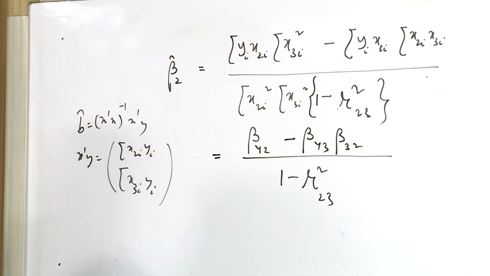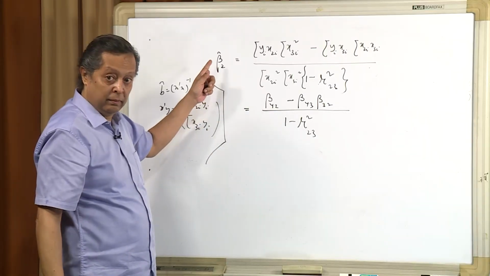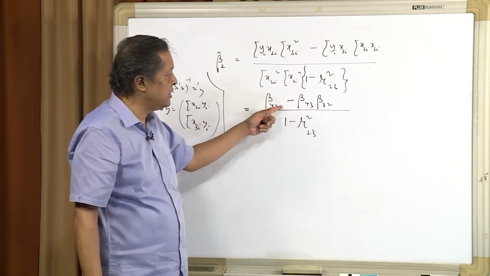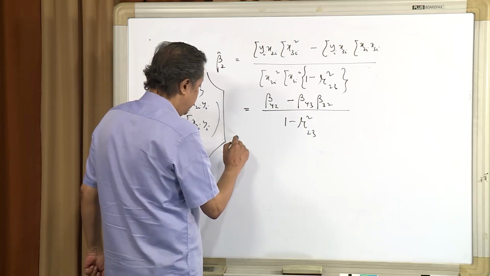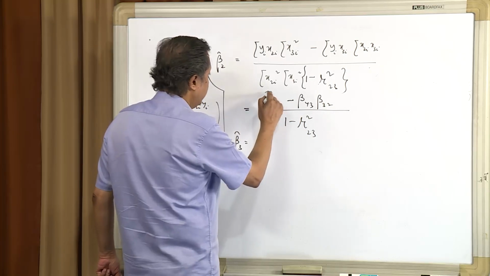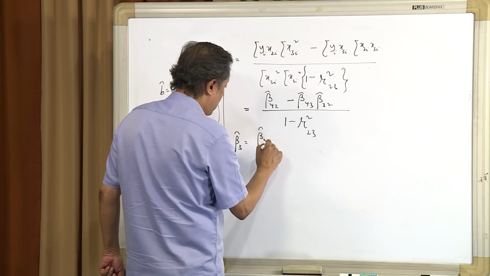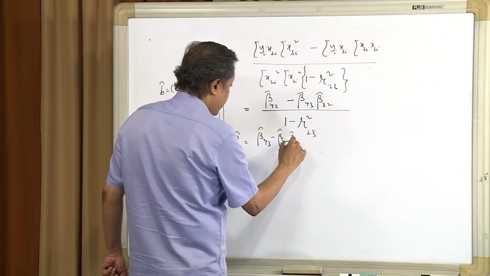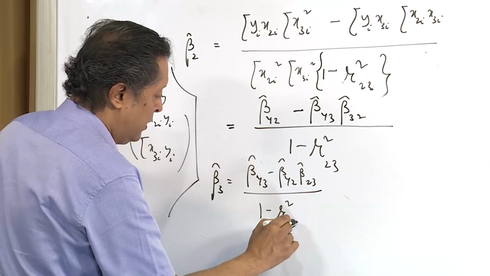So, that is another important relation between beta 2 from the multiple linear regression model or classical linear regression model and simple regressions. Similarly, beta 3 hat would be, all these are beta hats, beta hat y3 minus beta hat y2 beta hat 2 3 divided by 1 minus r square 2 3.